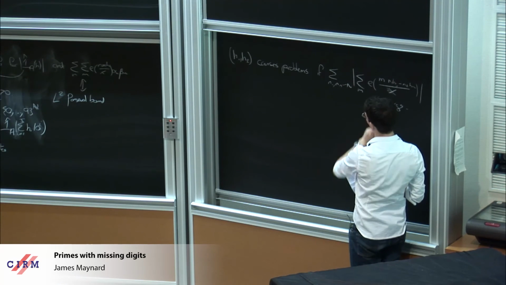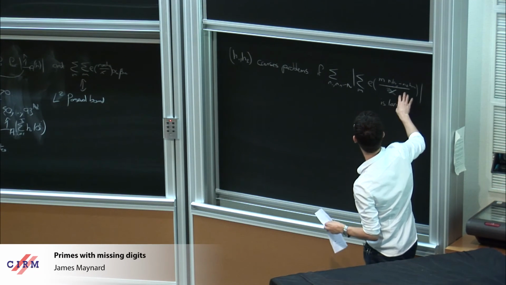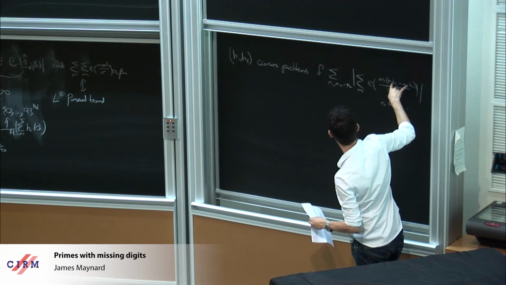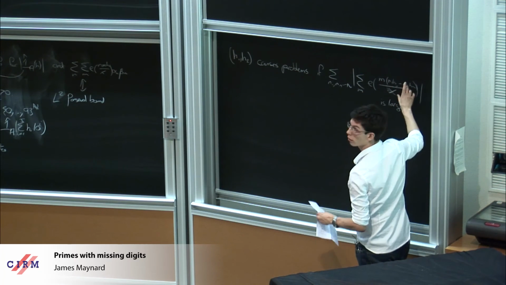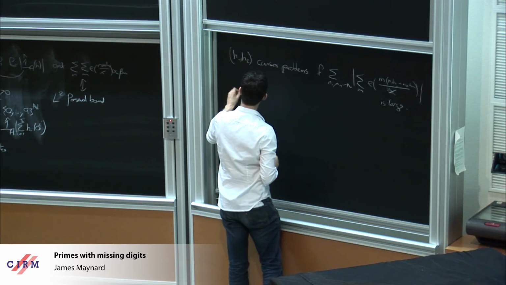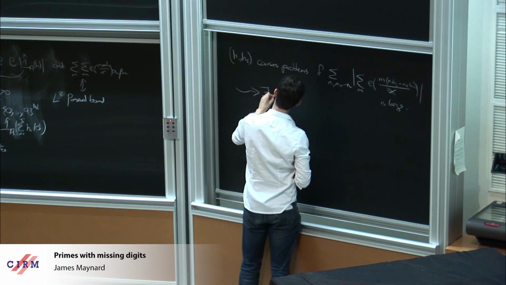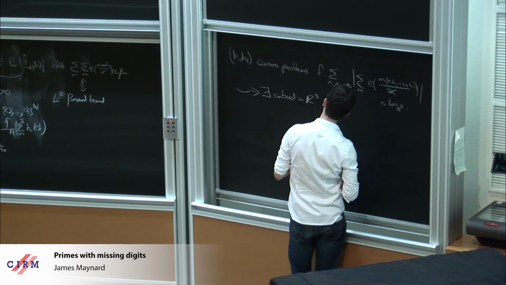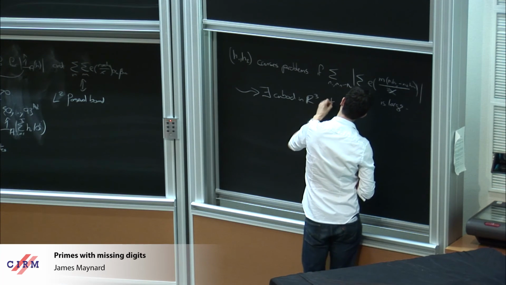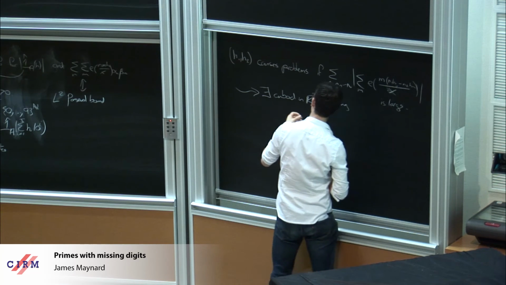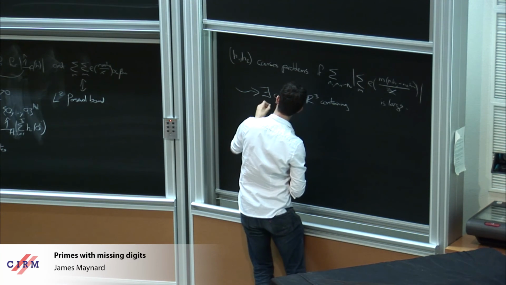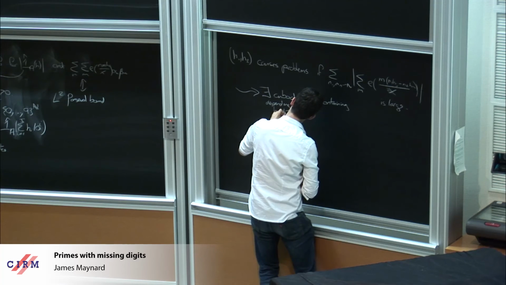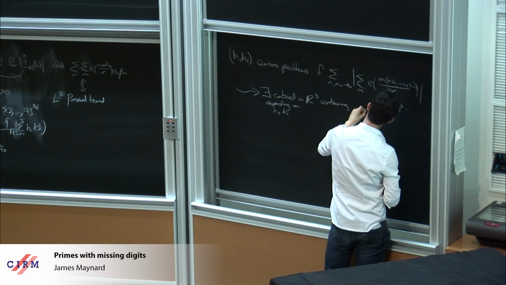But by using geometry of numbers, you can say that this is only large if there's some highly structural property linking h1 over x and h2 over x. So there exists a cuboid in R cubed, a cuboid depending on h1 and h2, containing unusually many lattice points.